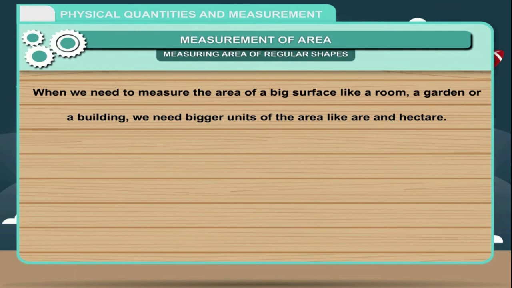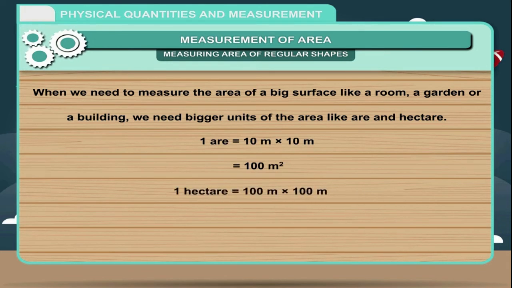When we need to measure the area of a big surface like a room, a garden or a building, we need bigger units of area like are and hectare. 1 are is equal to 10 meter into 10 meter, which is equal to 100 meter square. 1 hectare is equal to 100 meter into 100 meter, which is equal to 10,000 meter square.